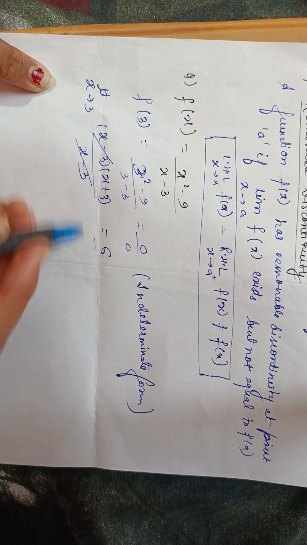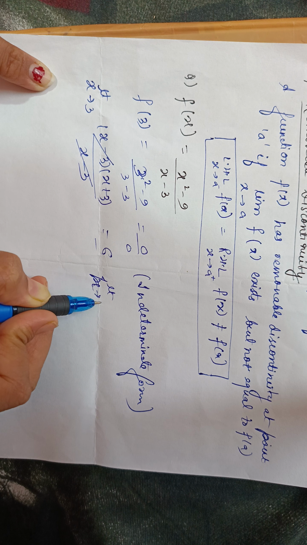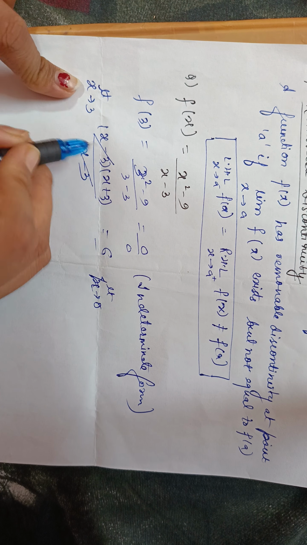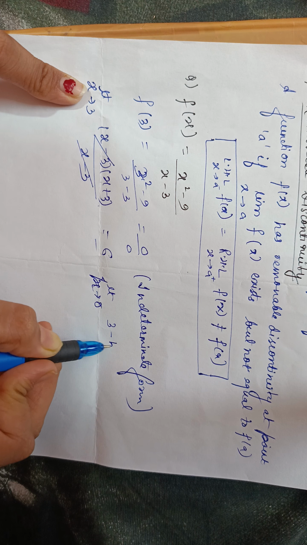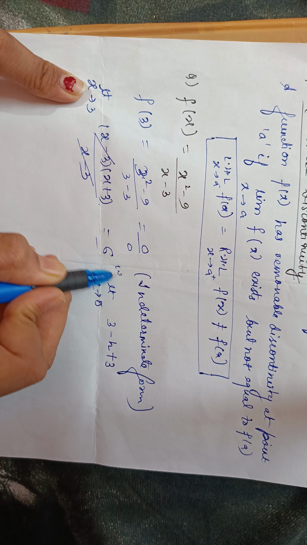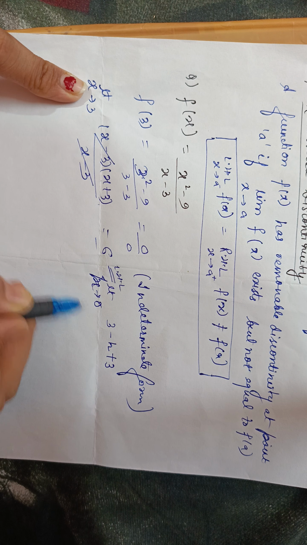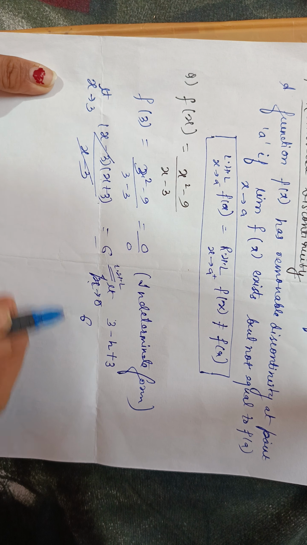How? For LHL you put x equal to 3 minus h, with h tends to 0, so you have 3 minus h plus 3, which gives 6.